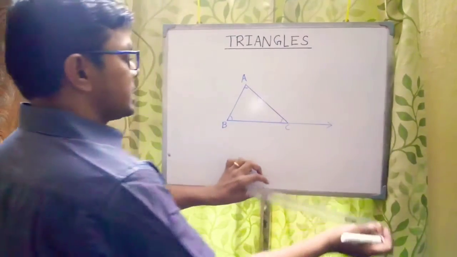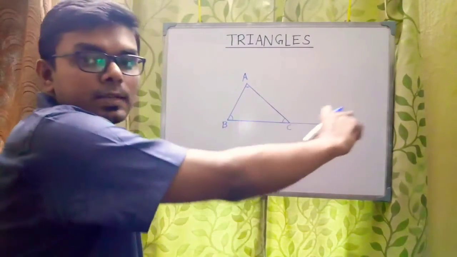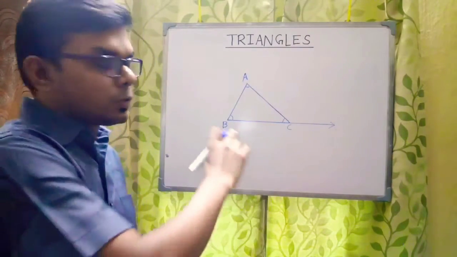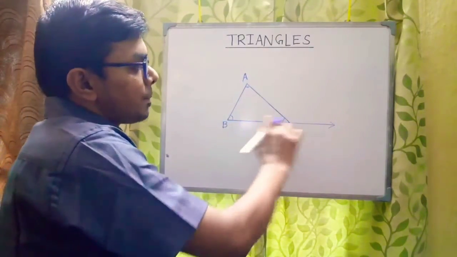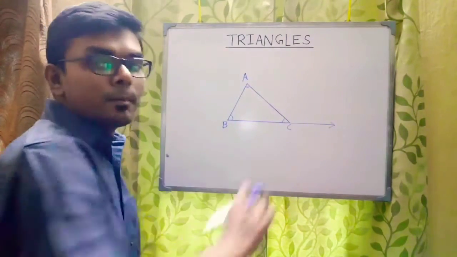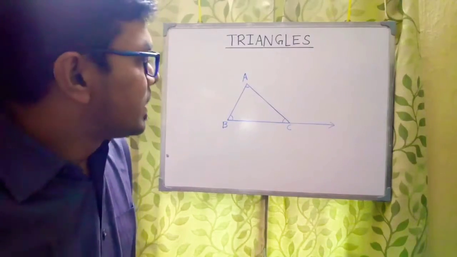What I have done is I have just extended one side of a triangle and I have used this arrow symbol to represent that this is a part of a straight line. Actually it's representing a ray over here, but this is a part of a straight line.